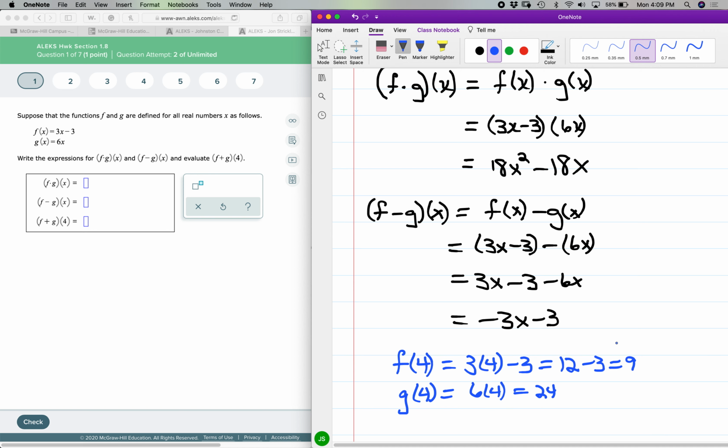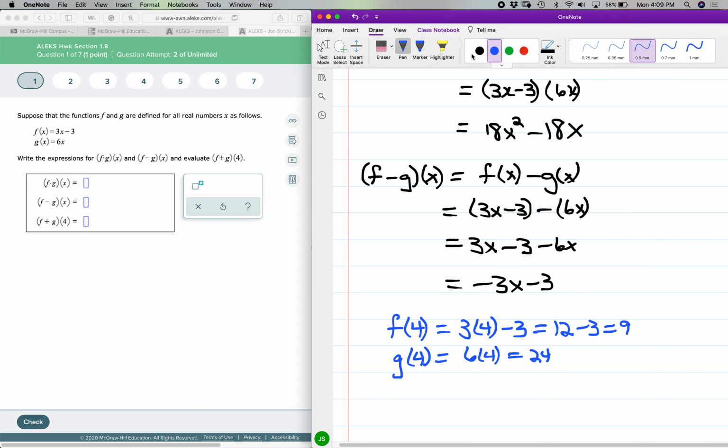And so for f plus g of 4, taking the specific case in advance, we have f of 4 plus g of 4. And so we have 9 plus 24, and that will be 33.